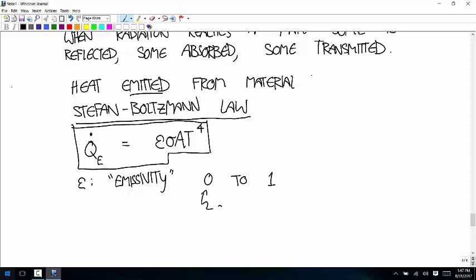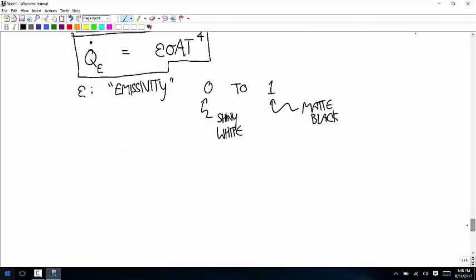So this would be shiny white. This would be matte black. And this is unitless, by the way.